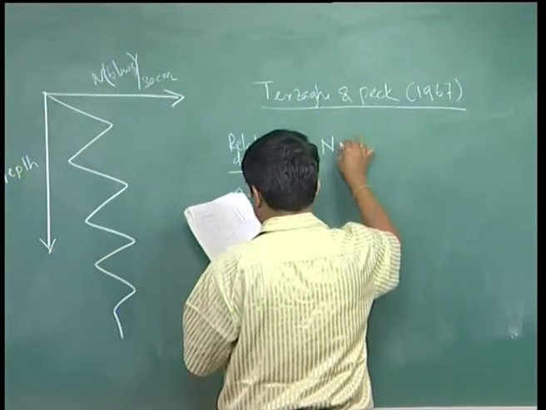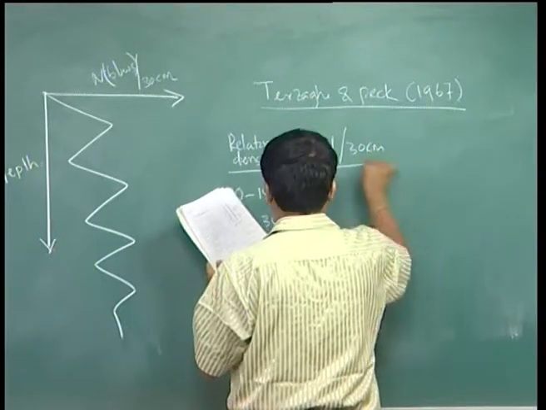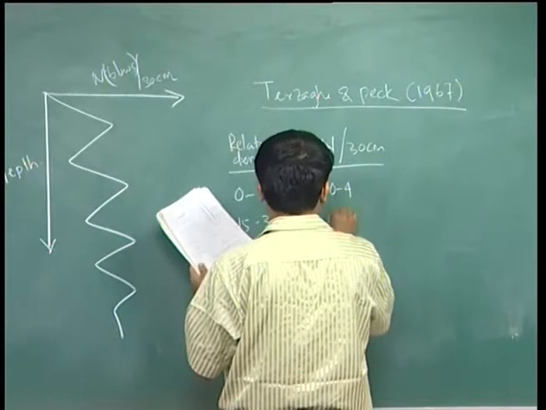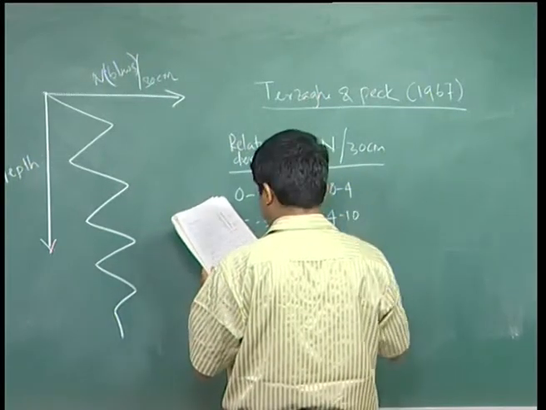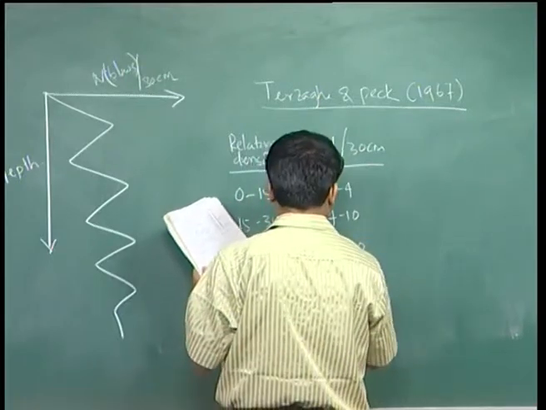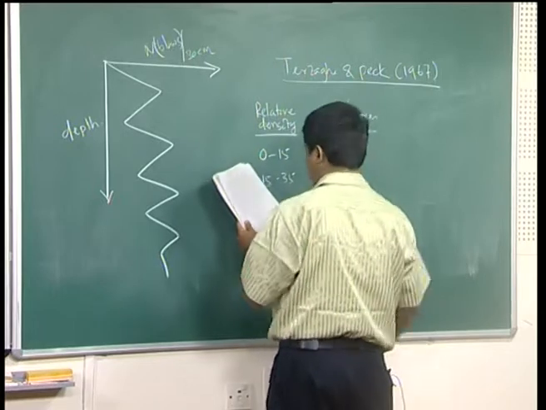So N per 30 centimeter will be 0 to 4, 4 to 10, 10 to 30, 30 to 50, and greater than 50.